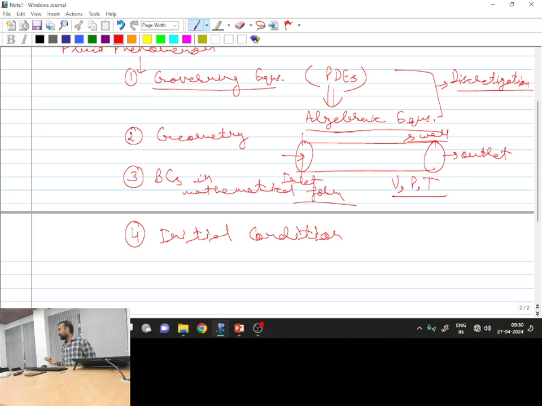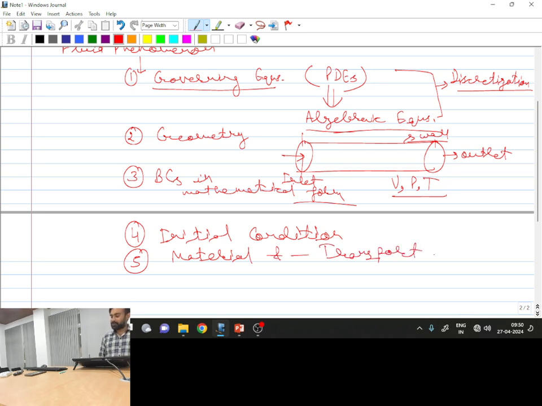In that time dependent simulation, of course the solution will be evolving with time, but what is the solution at the initial point when the computations have started? That is something you need to specify. It means that within the entire domain you need to specify the values of velocity, pressure, temperature, etc. Okay. After this, one important point is we also need to specify the material and transport properties.